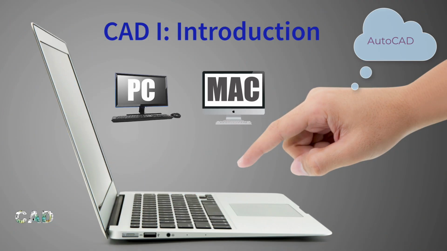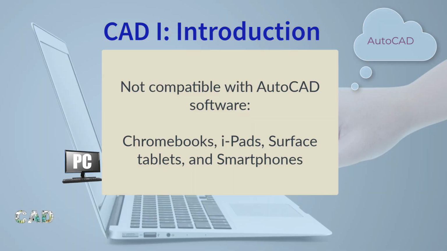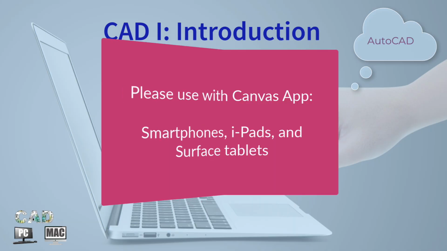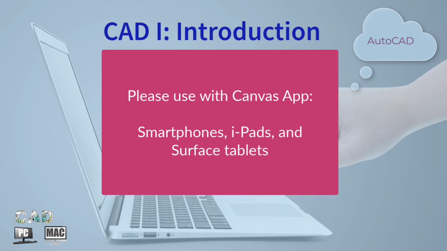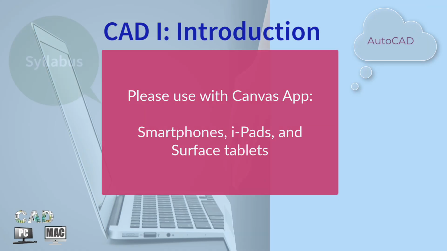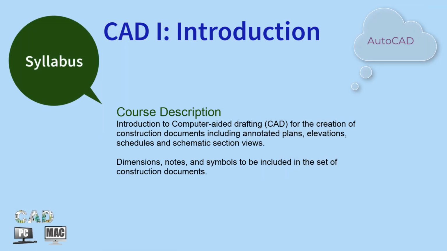Computing devices that are not compatible with AutoCAD include Chromebooks, iPads, Surface tablets, and smartphones. Please do use Canvas apps on your smartphone, iPad, or Surface tablet, but not for use in AutoCAD. Let's look at the course competencies, or what you'll learn in this class, next.